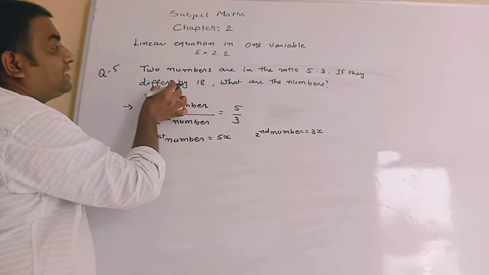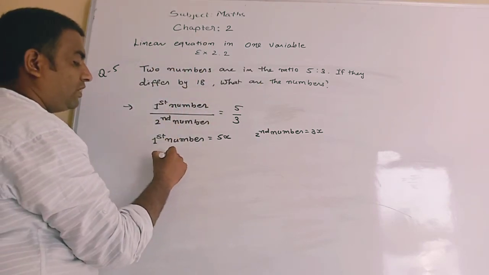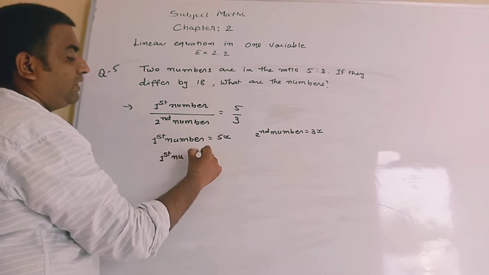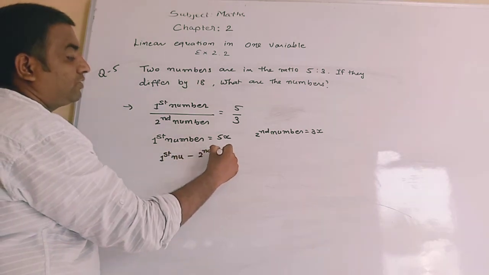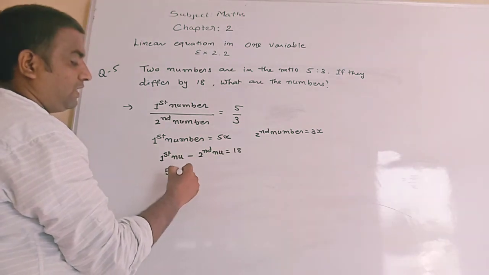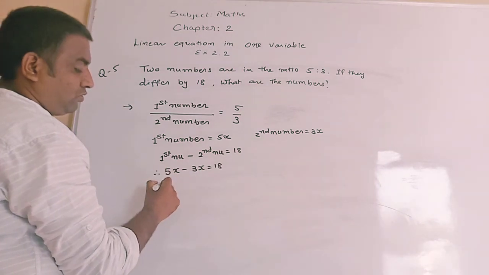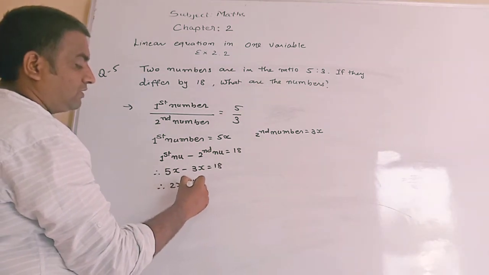Now the second sentence is given: they differ by 18. So their difference means first number minus second number is given 18. So 5x minus 3x equals 18. And so 2x equals 18.